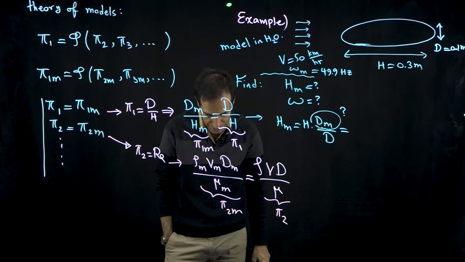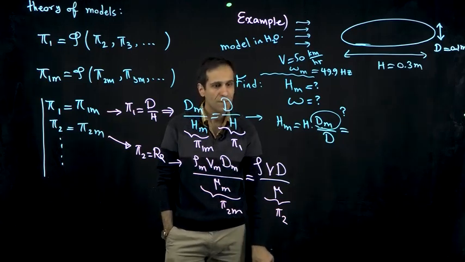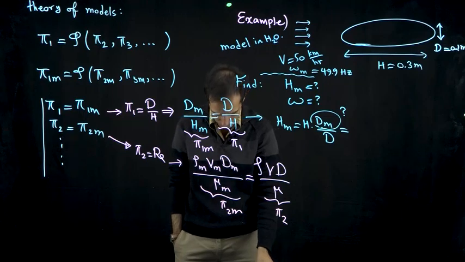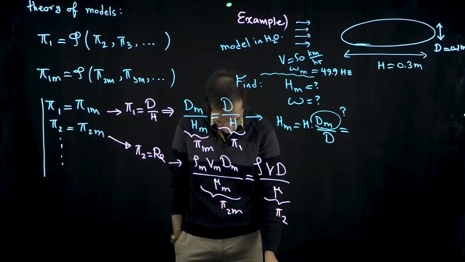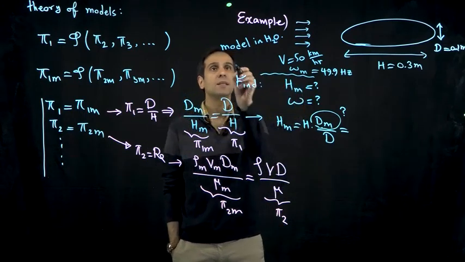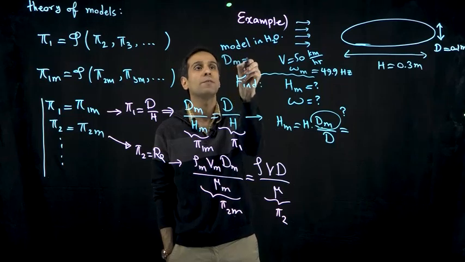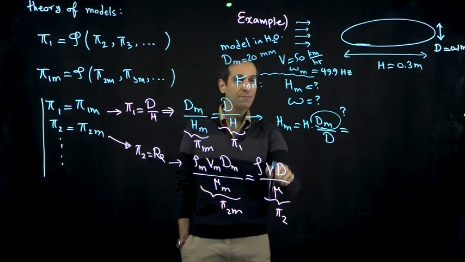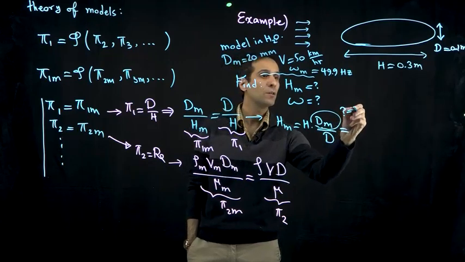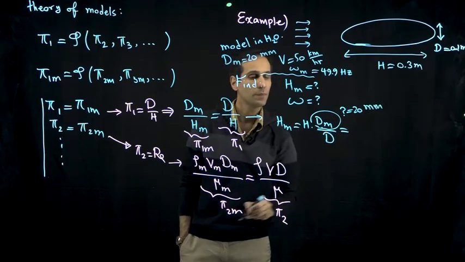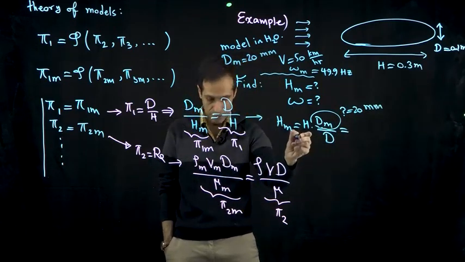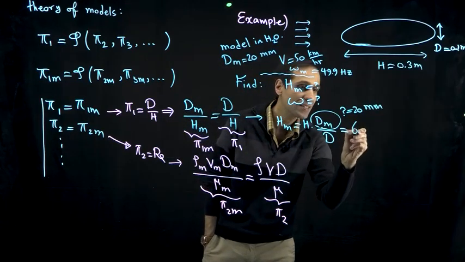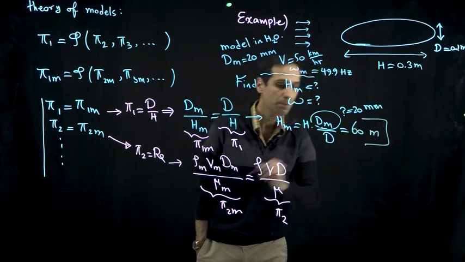For this case, we still need to know d of model. I believe it should be given in the problem. Yes, d of model is here. D of model is given as 20 millimeter. So if I solve this very simple equation, I can find h of model as 60 millimeter.